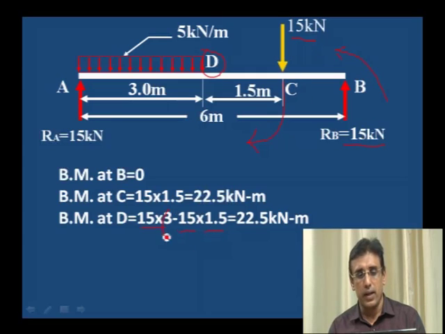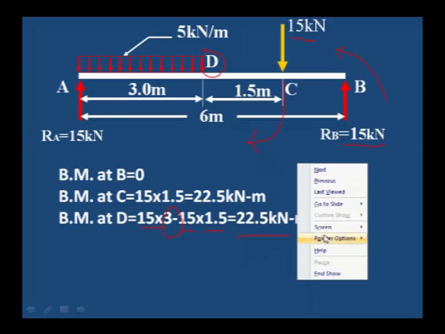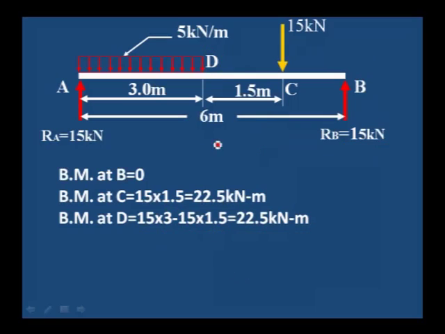Here we take it as minus, because this 15 kilonewton produces a clockwise moment, that is why it is minus. Therefore the value of bending moment at D is 22.5 kilonewton meter. Next, bending moment at A is 0. We have the values at the salient points A, D, C, B.